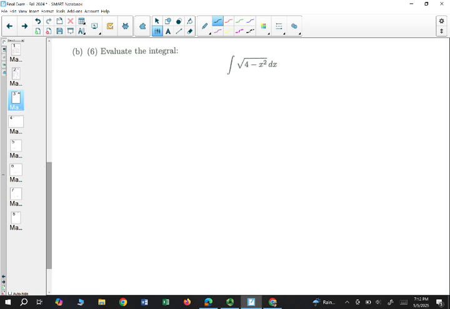Okay, so another integral that is not very easily evaluated. This square root of 4 minus x squared should remind us of our integration by trig substitution.